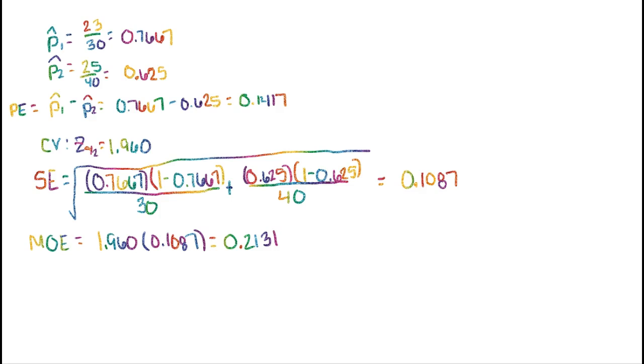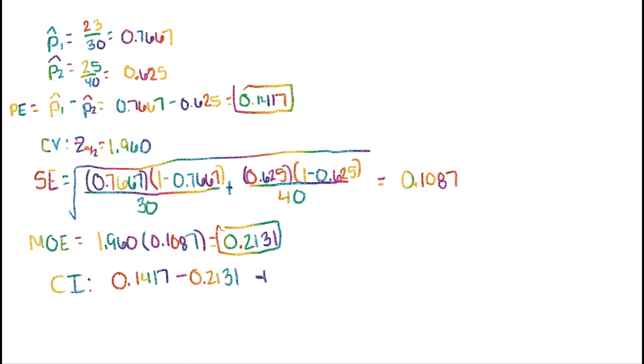And now that I have my margin of error, I'm going to take my point estimate and my margin of error, and create my confidence interval by adding them and subtracting them. So our confidence interval will be 0.1417 minus 0.2131, and 0.1417 plus 0.2131.